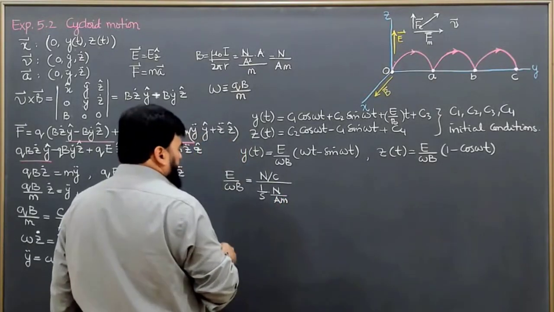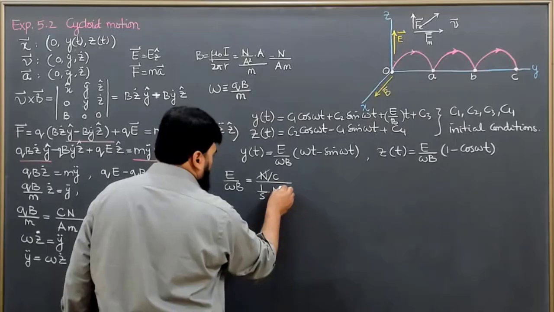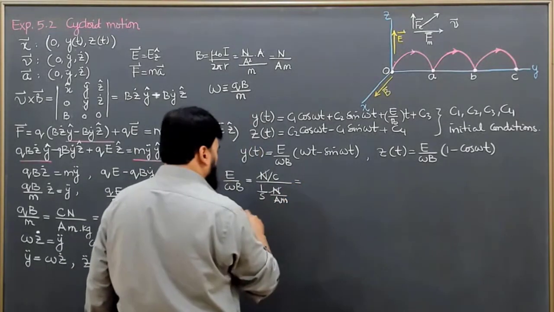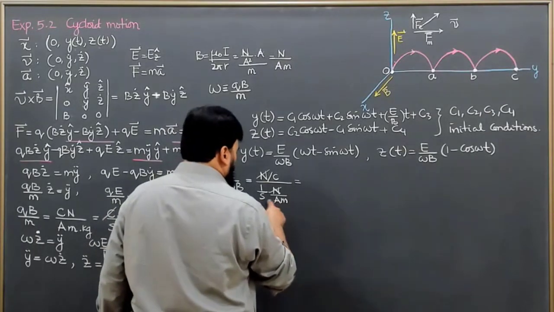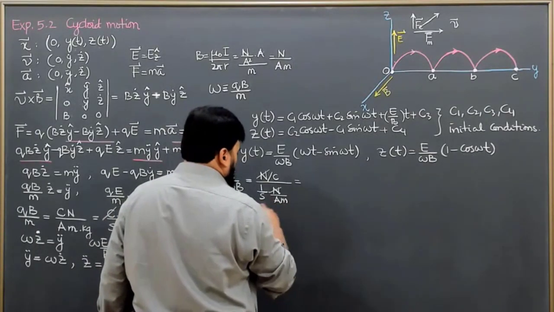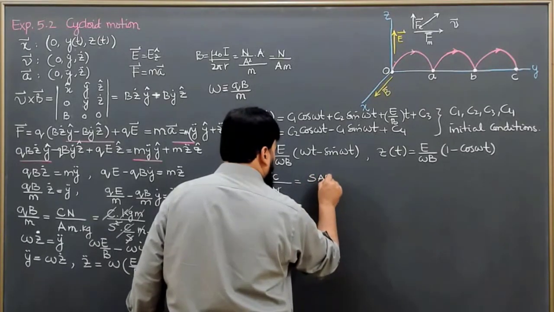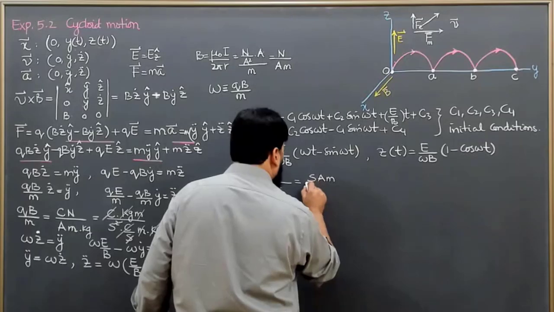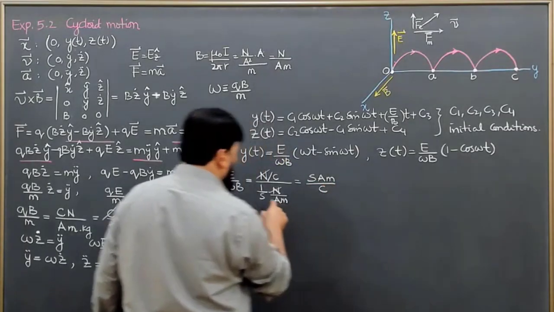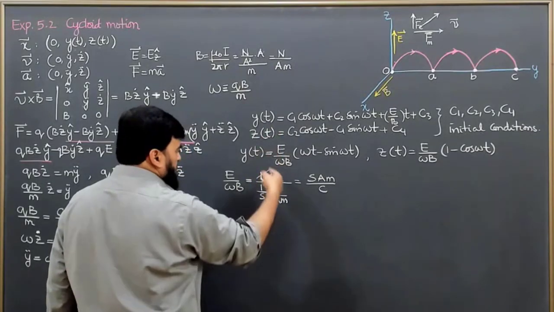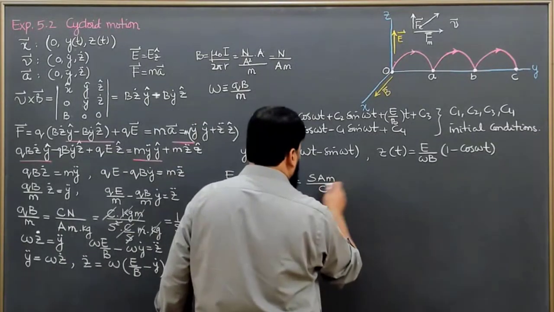So here I see that Newton is cancelling with Newton, and we have ampere meter second divided by Coulomb, because Coulomb is in the denominator.